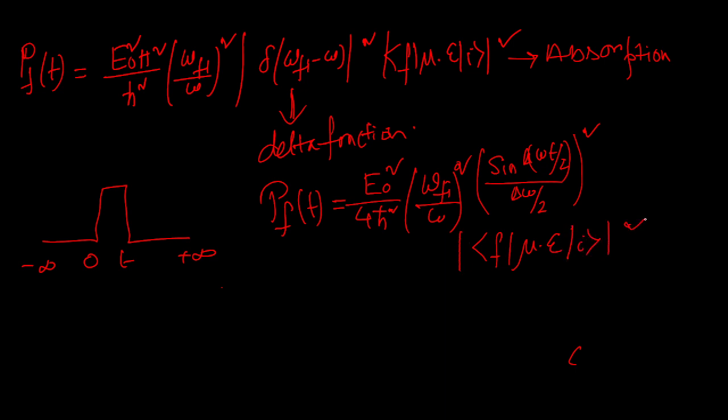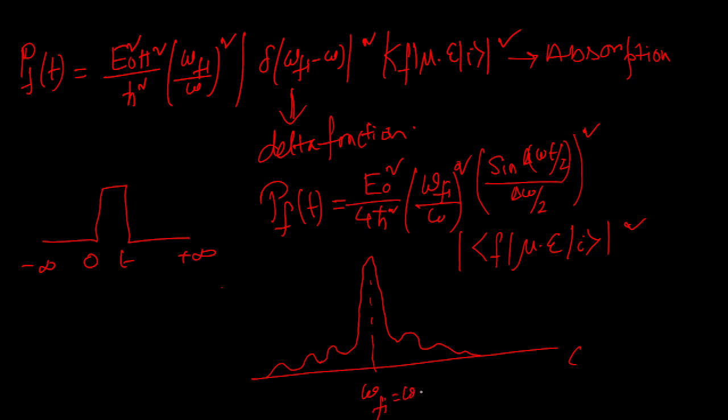Now if we plot, what we will get is something like this, this is omega f. Okay, so this is the zero point, and that is called the Bohr condition or resonance condition.